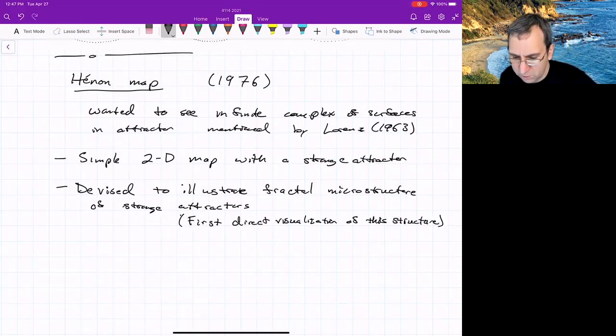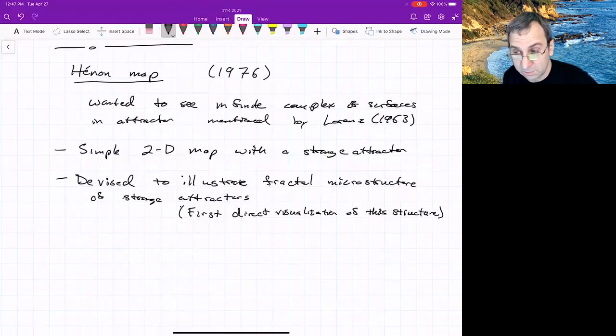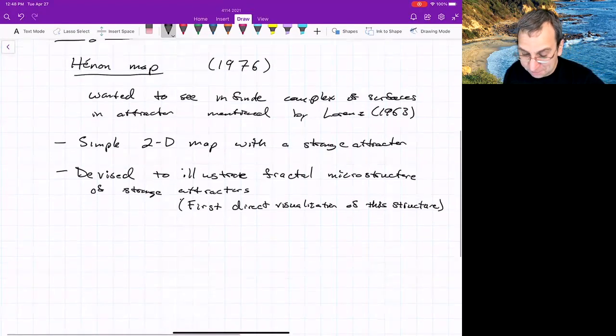Now, Hénon was a mathematical astronomer, and there are other things connected to his name, like the Hénon-Heiles potential, which has something to do with the gravitational interaction of galaxies. This is not related to that. This is not related to physics. This was just a map he came up with mathematical properties to get at the structure he wanted. And he wanted it to be as simple as possible.